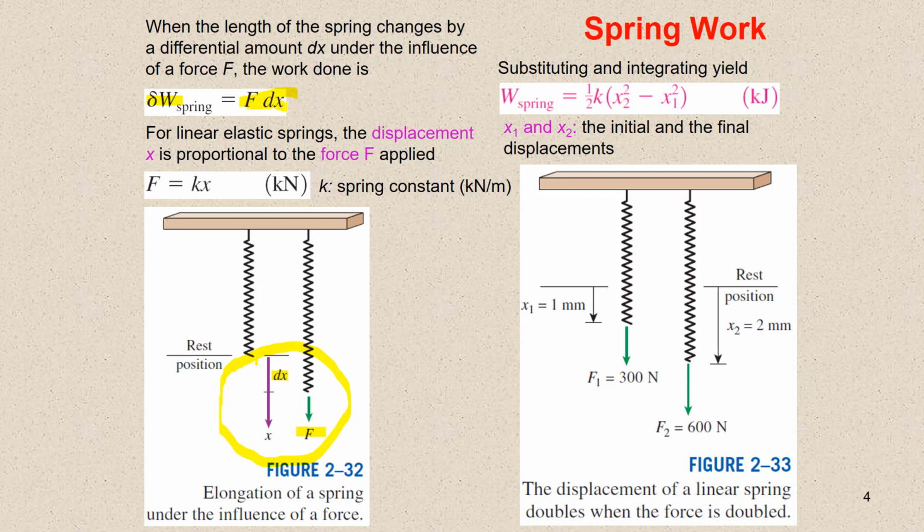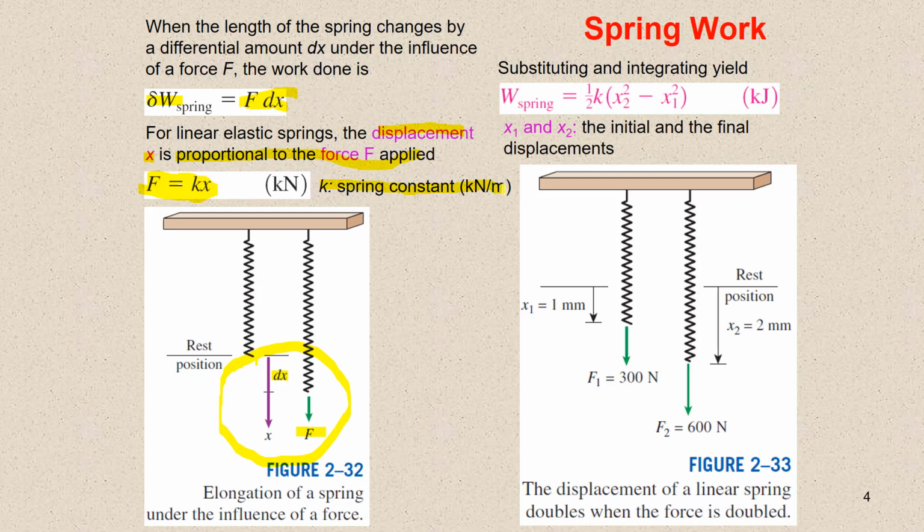To determine the total spring work, we need to know a functional relationship between F and x. For linear elastic springs, the displacement x is proportional to the force applied, that is, F is equal to kx, where k is the spring constant and has the unit of kilonewtons per meter.